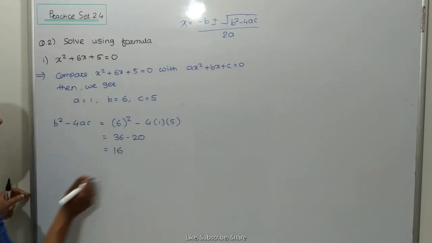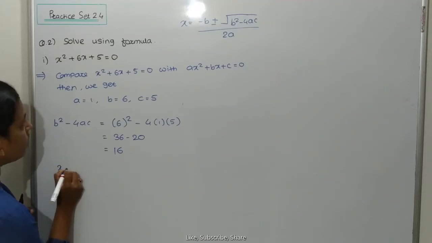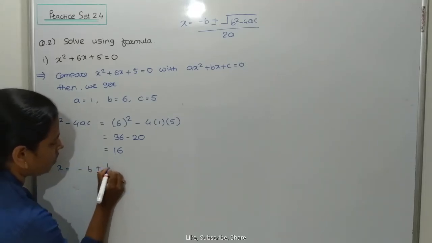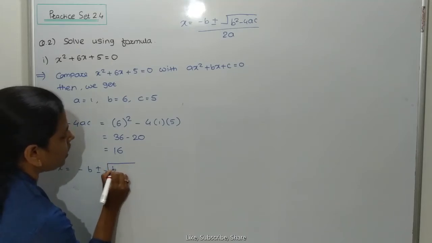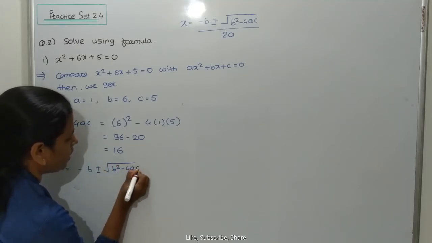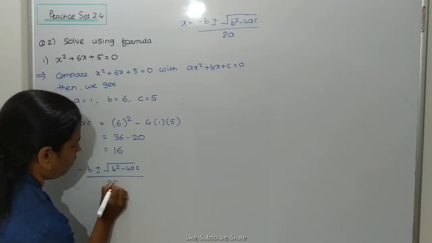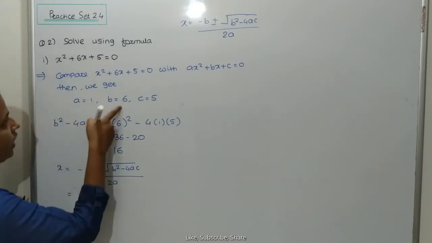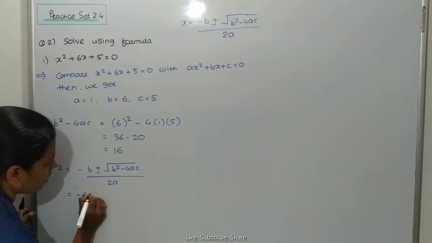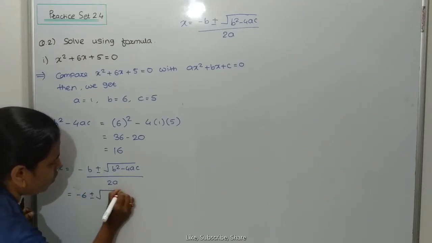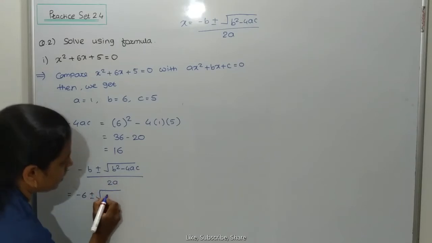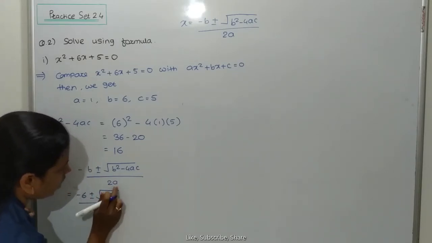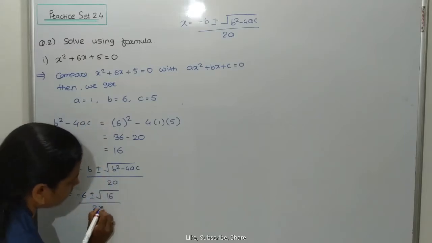Now next step is what? We have to do this one. That is x is equal to minus b plus minus square root of b square minus 4ac upon 2a. So put the value of this one. What is the value of b? That is 6. So minus 6 plus minus root of, what is the value of this term? That is 60. So put here 60. Now 2 into a, that means 1.